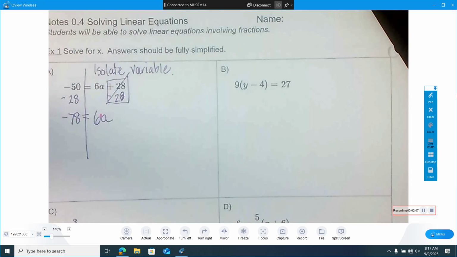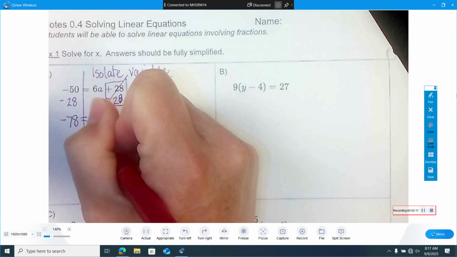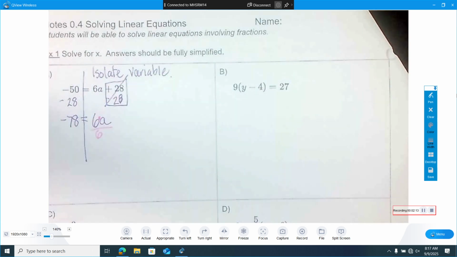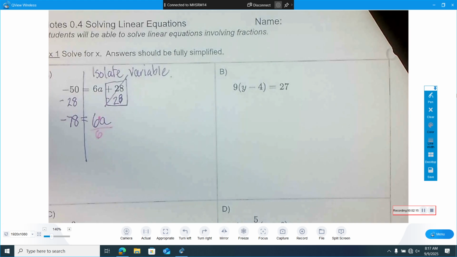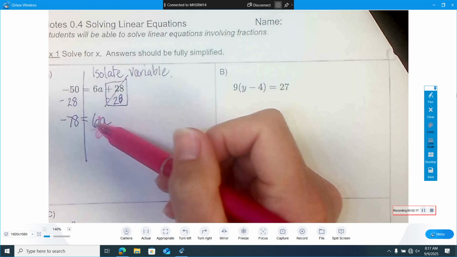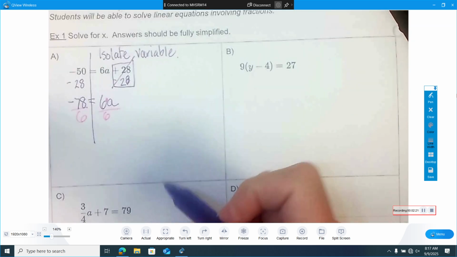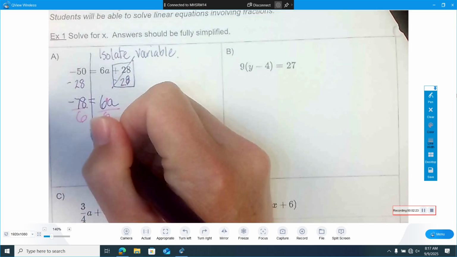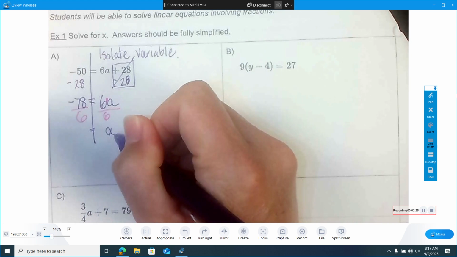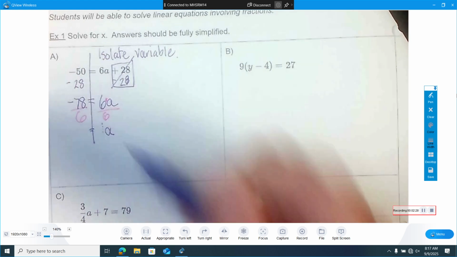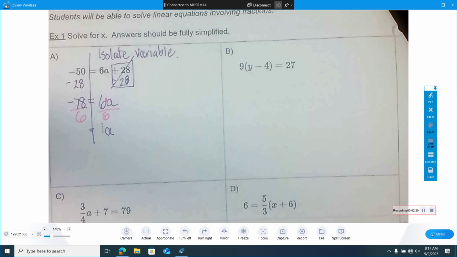So how do I get the A all by itself? Divide by 6. We want the A. I don't want to touch the A. We want to get rid of the thing with it. Okay? So, we're going to divide both sides by 6. And then, of course, 6 divided by 6 is 1A. I could put in the little 1 if I wanted to, but it is not necessary.